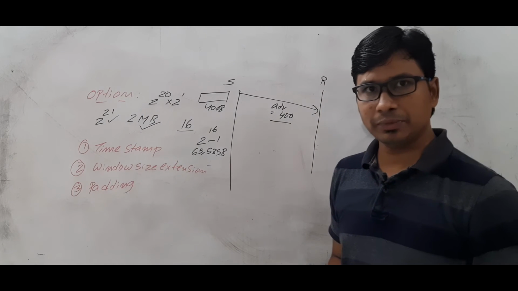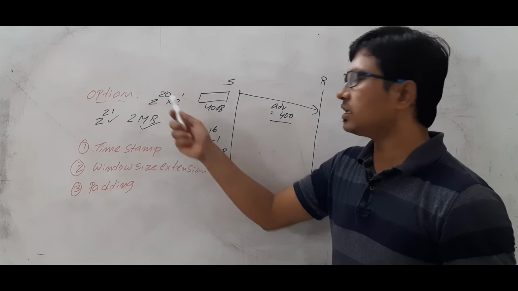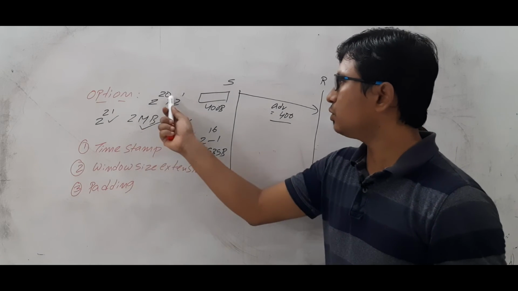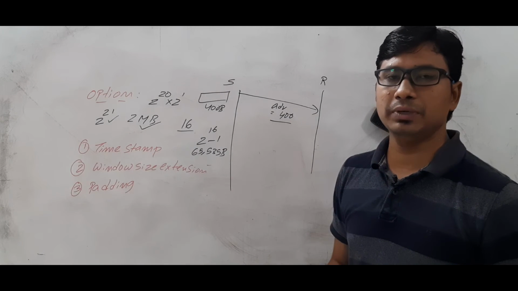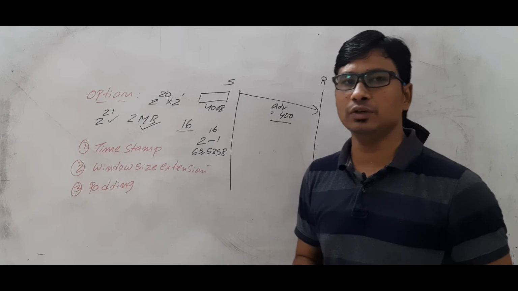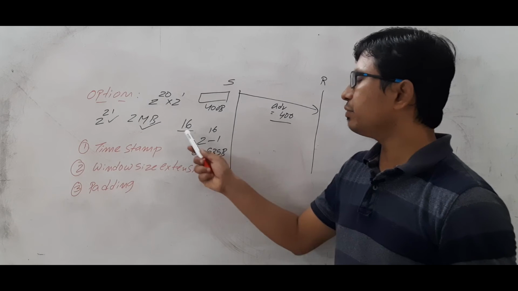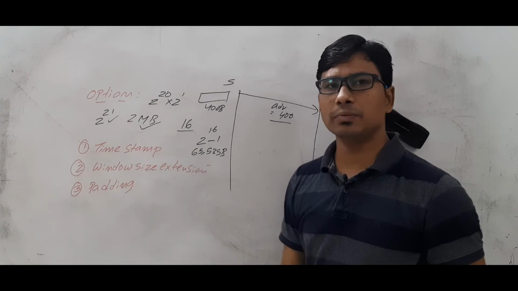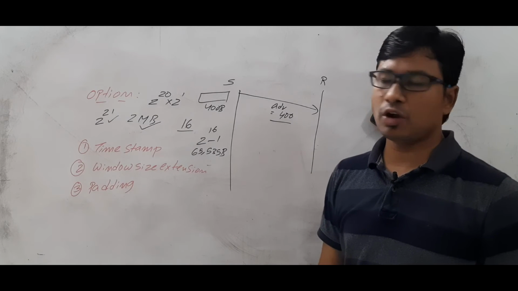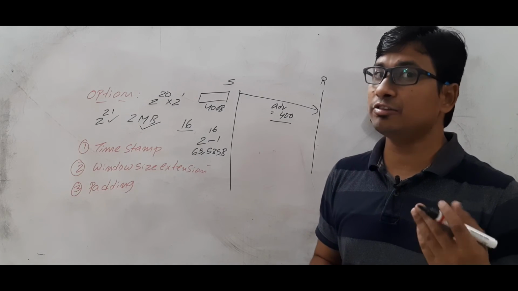Will you accept with me or not? Because MB is nothing but 2 power 20, and times 2, so 2 power 21. So you need a minimum of 21 bits in the advertisement window or window size. But however, we have only 16 bits. Then using 16 bits, how can you represent a 21 bit number? It is not possible. So you need an extra 5 bits.